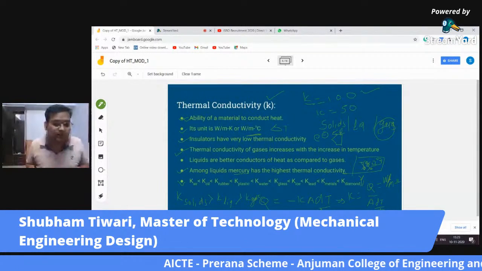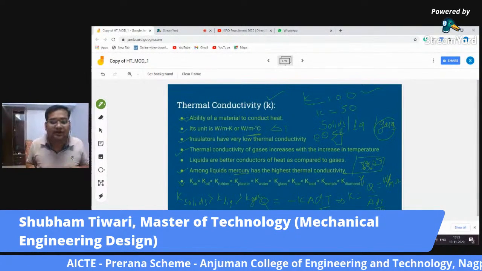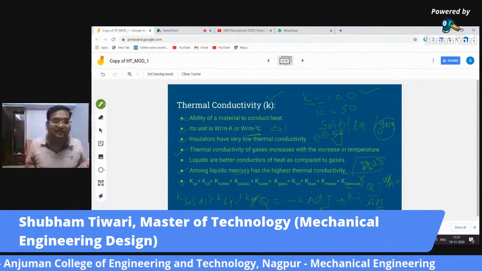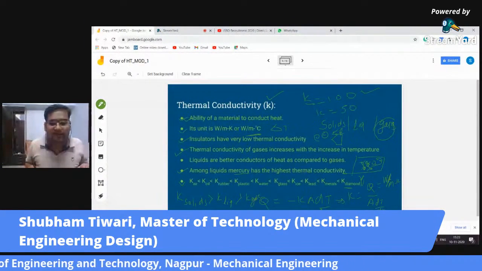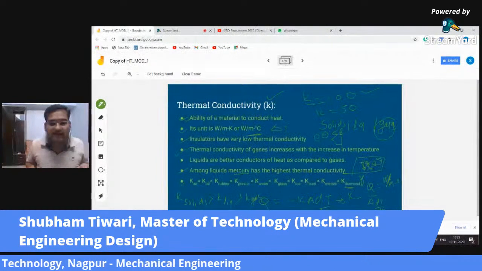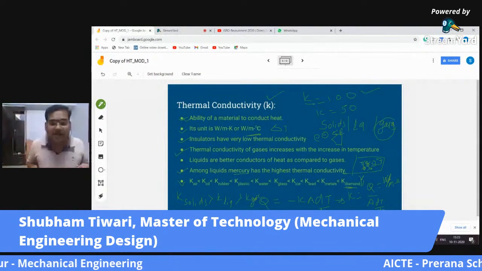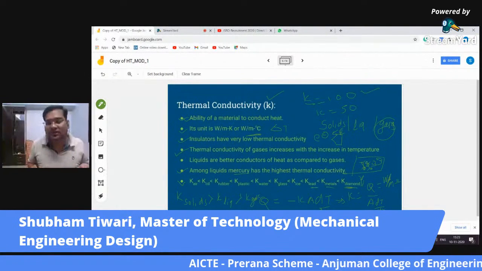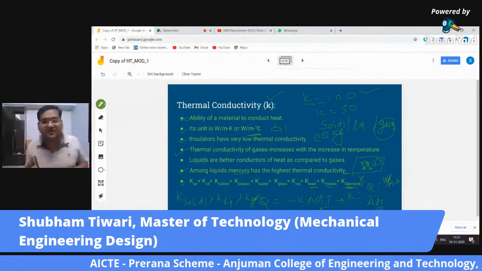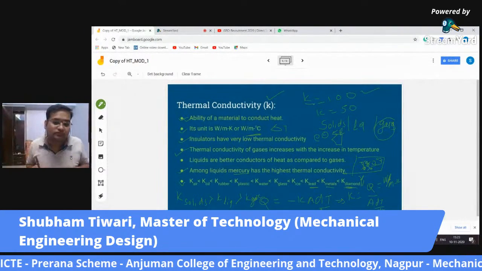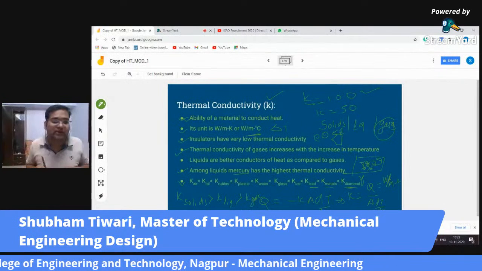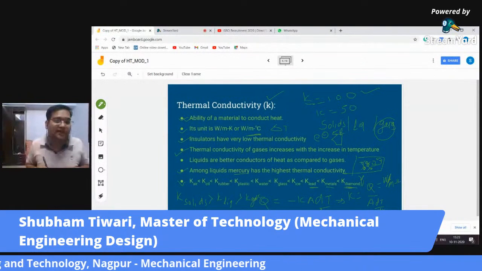So if there's any MCQ question that you come across asking which of the following materials has the highest thermal conductivity, diamond has the highest thermal conductivity, followed by metals, and among the metals lead has the least thermal conductivity, followed by ice, then glass, water, plastic, rubber, oil, and finally air.